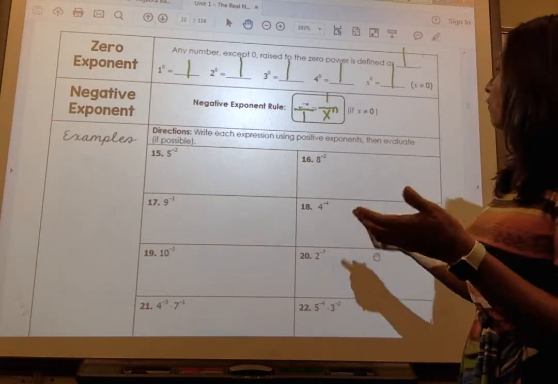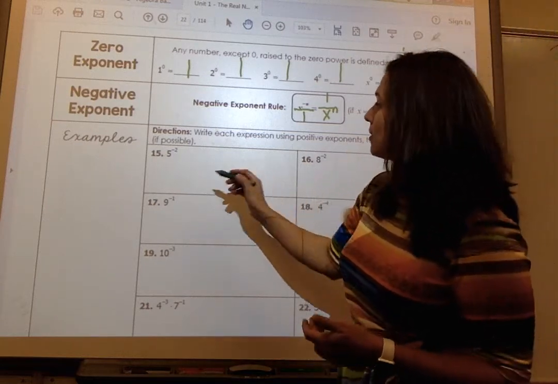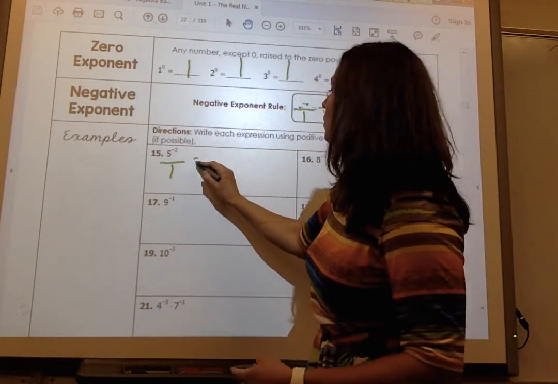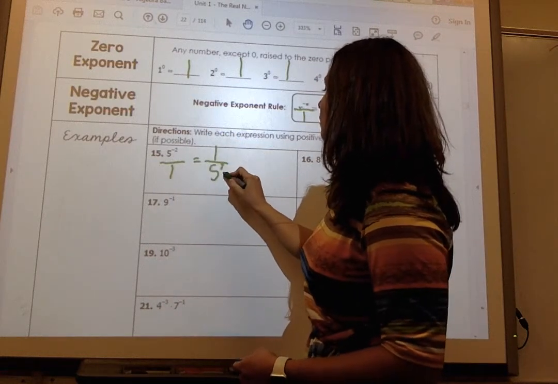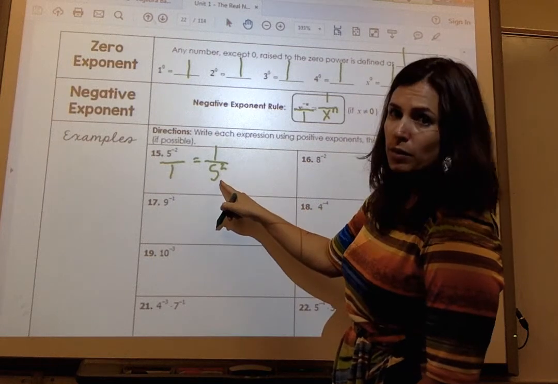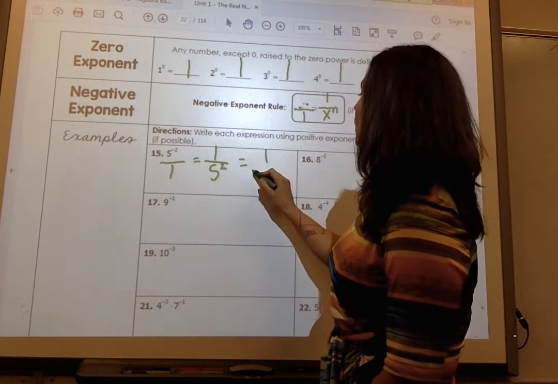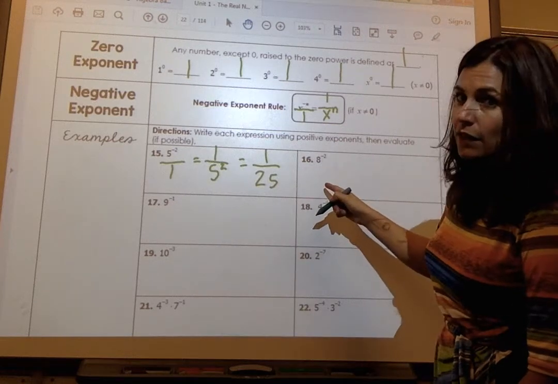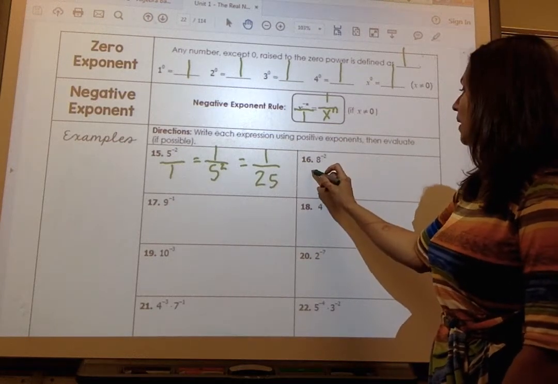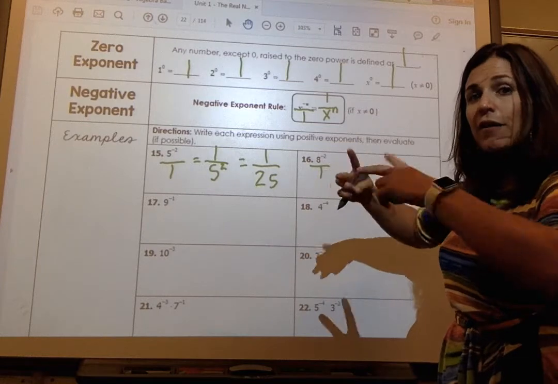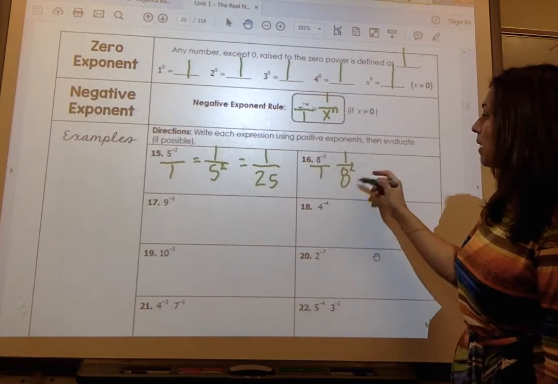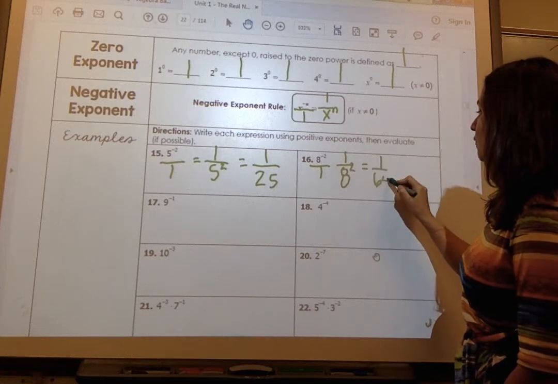Okay? So format-wise, it would look like this. I put it over 1. I flip my reciprocal, and I make my exponent positive. And it becomes 1 over 25. So 8 to the negative 2 power is going to be, put it over 1, I flip my reciprocal, 1 over 8, and that exponent becomes positive, and I get 1 over 64.